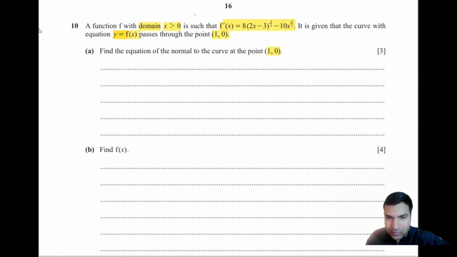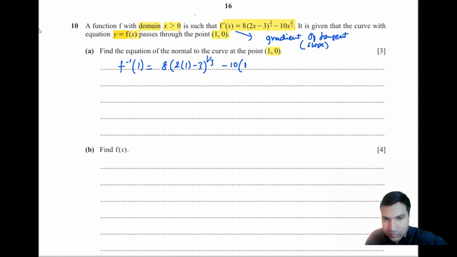So first, this f dash of x represents what? It gives you the gradient of the tangent, right? The slope of tangent, basically. This is the gradient function. So at x equal to 1, let's find what is f dash of 1. So 8 times 2 times 1 minus 3, whole thing to the power 1/3, minus 10 times 1 to the power 2/3, right?